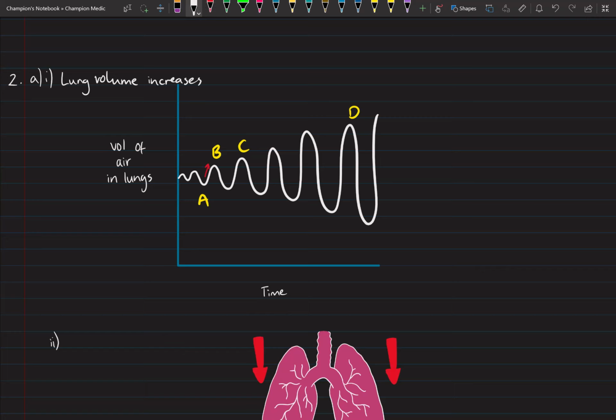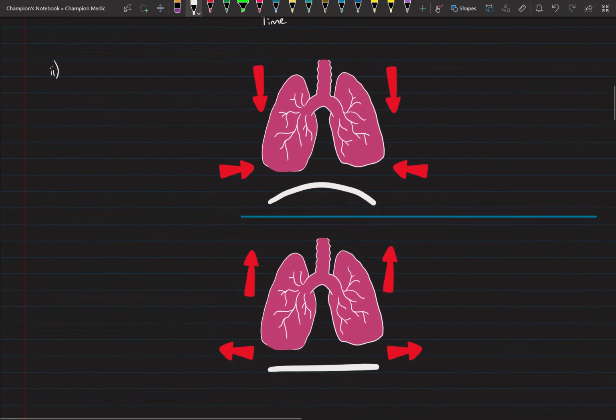Next, they want you to describe and give an explanation why the shape of the diaphragm is as it is. So we've drawn diagrams so that you can see what happens when the diaphragm relaxes and is contracted. So the first diagram, the diaphragm, which is this here, it's relaxed.